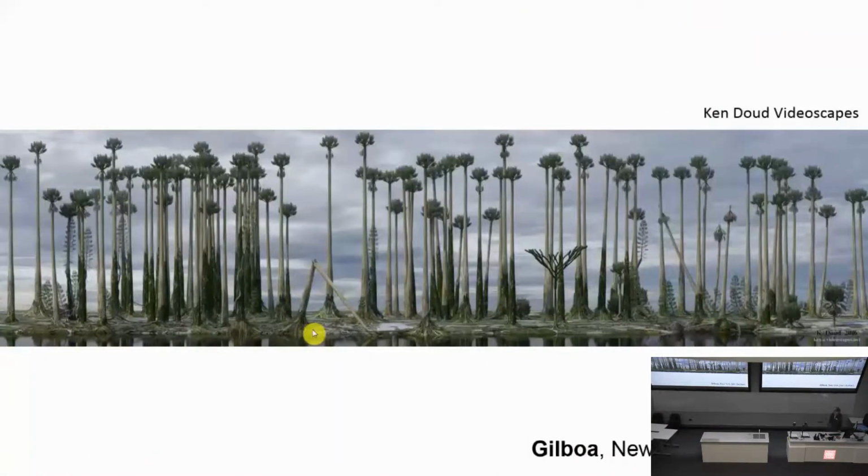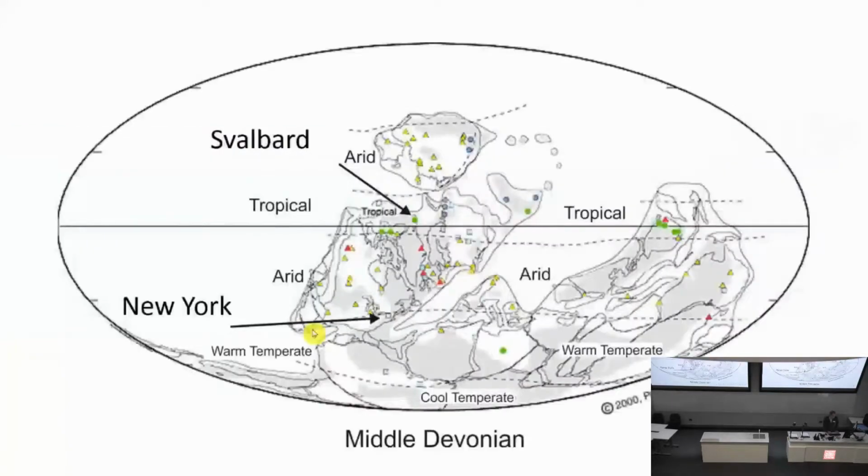And that allows us to reconstruct them. This is a reconstruction by an architectural artist called Ken Dowd, who's taken all our data and built it into a living, three-dimensional model of a forest that you can sort of walk around in.